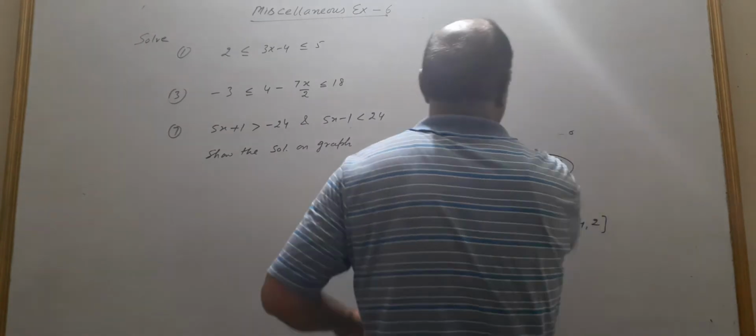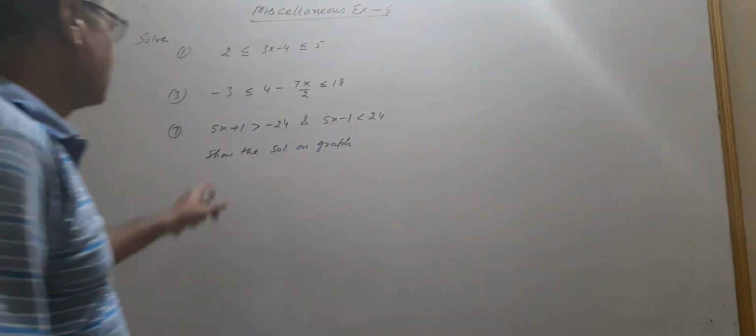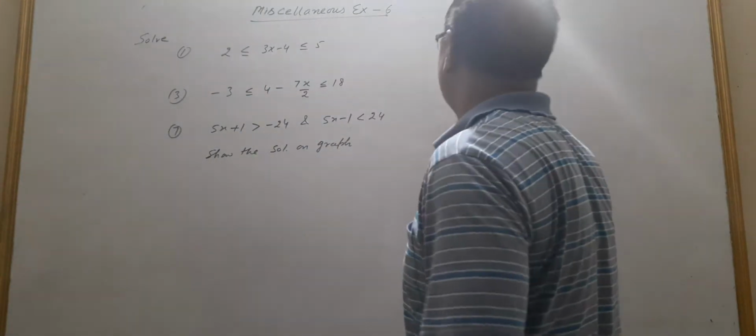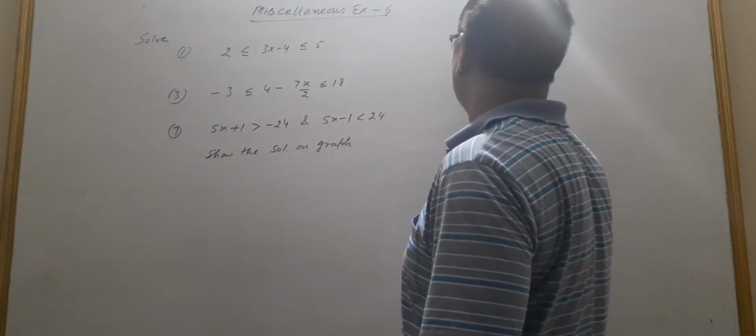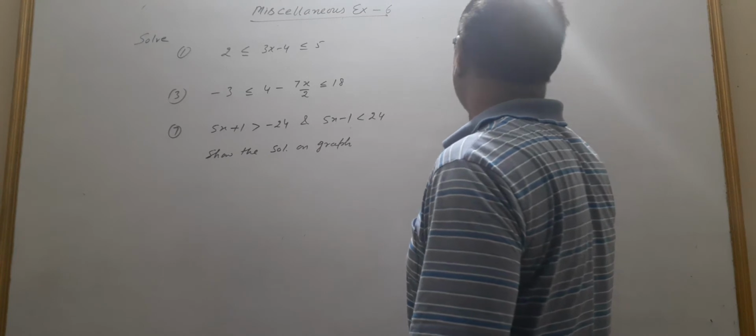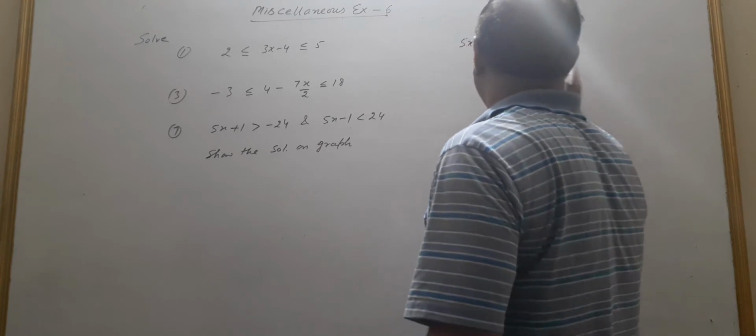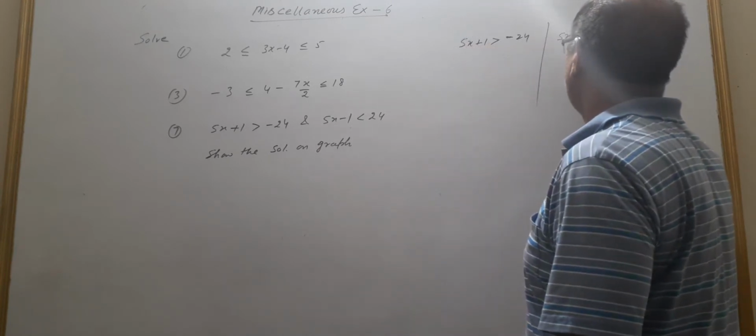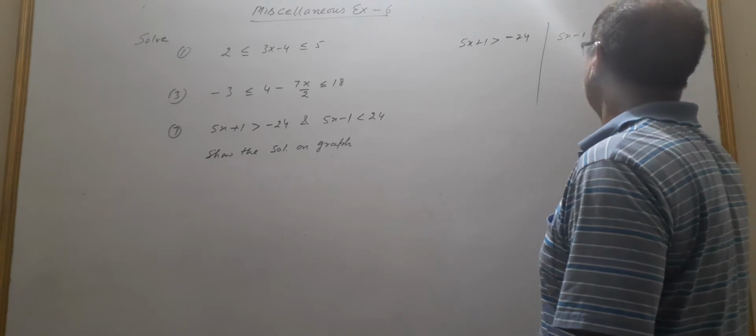In question number 7, you have to solve the inequality and show the solution on the graph or number line. The first case is 5x plus 1 is greater than -24, and the second is 5x minus 1 is less than 24.